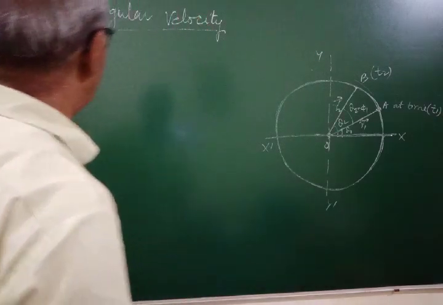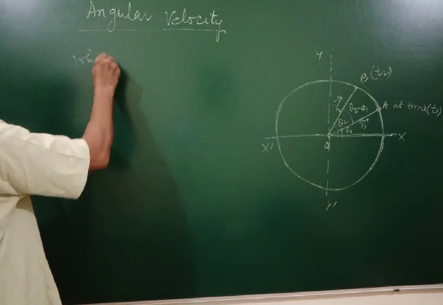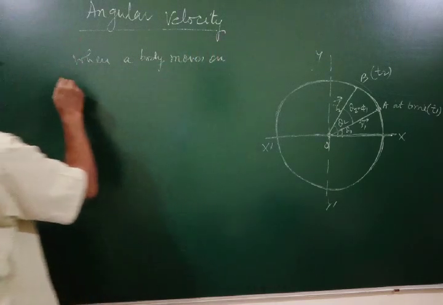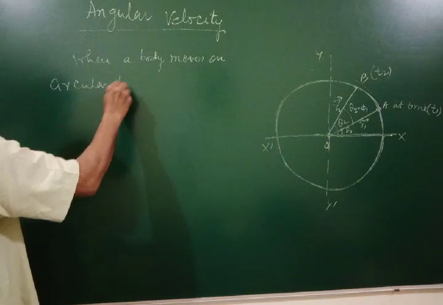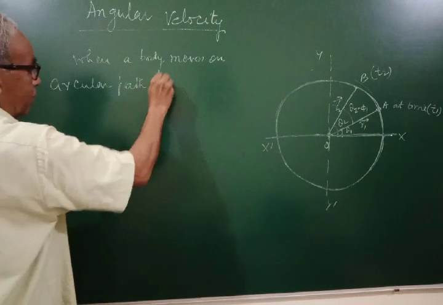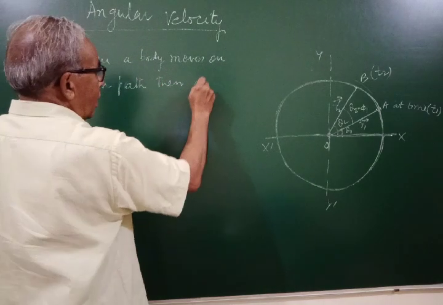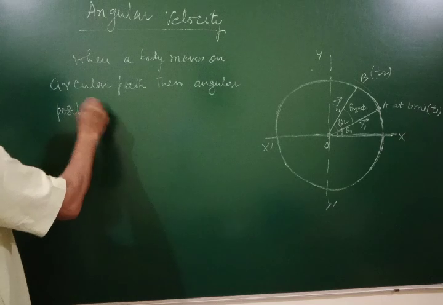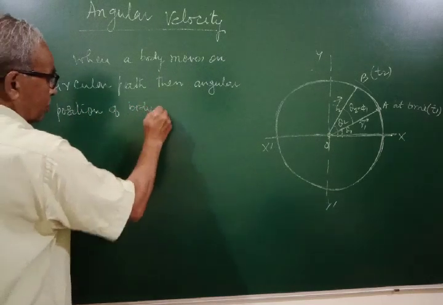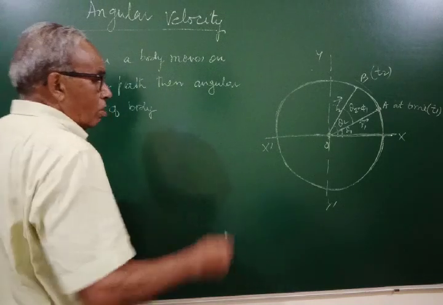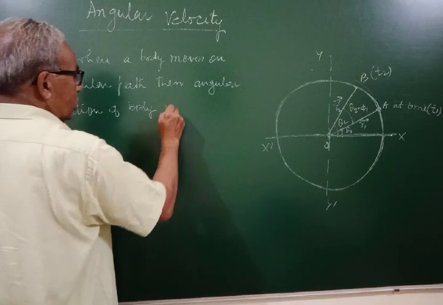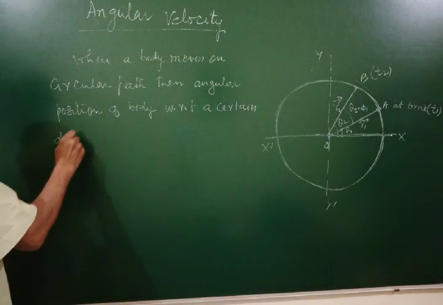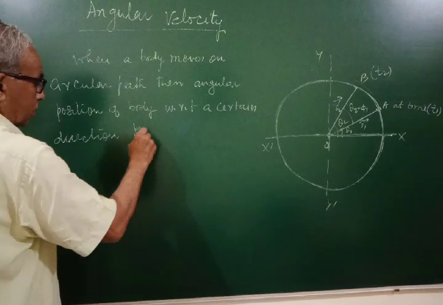So we can write here: when a body moves on a circular path, then the angular position of the body with respect to a certain direction keeps on changing.